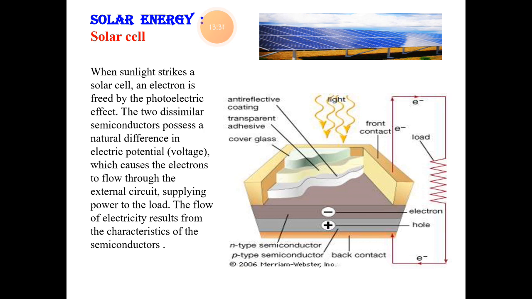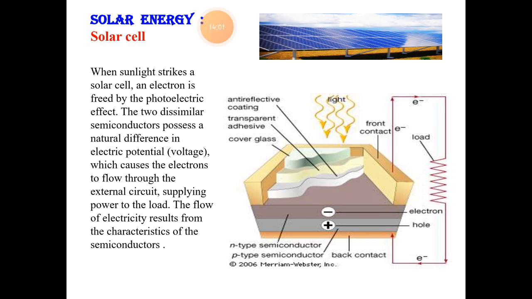Here we make use of N and P types of semiconductors, as you see in the picture here. And this phenomenon of emission of electrons is called the photoelectric effect because it happens due to the sunlight, creating a flow of electrons, a circuit of electrons, and these electrons flow through an external circuit leading to electric power generation.